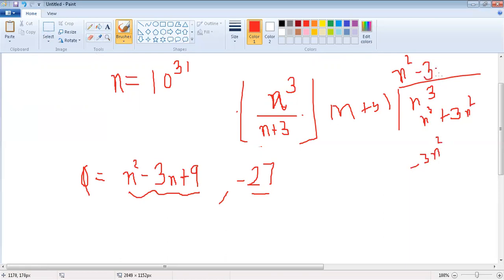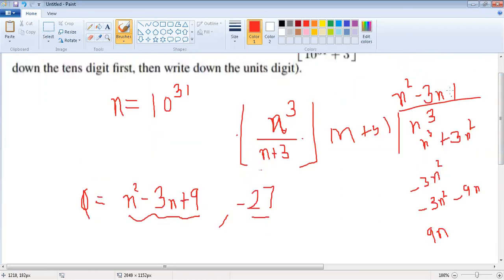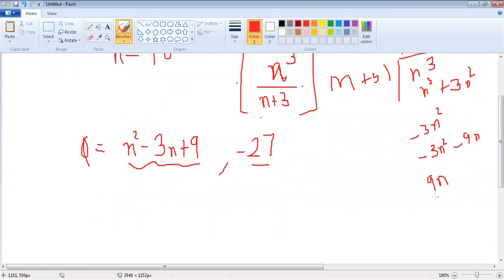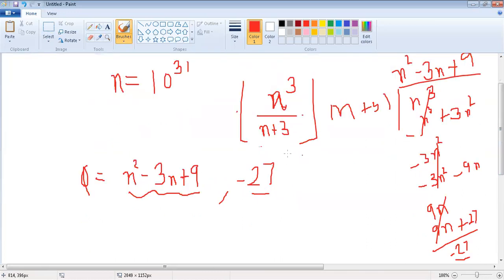Again we do minus 3n, so we get minus 3n square to cancel this, and we are left with minus 9n. This minus 9n turns to 9n, so we multiply by 9, 27. These cancel, and now we are left with minus 27. So minus 27 is the remainder, and n square minus 3n plus 9 is the quotient.